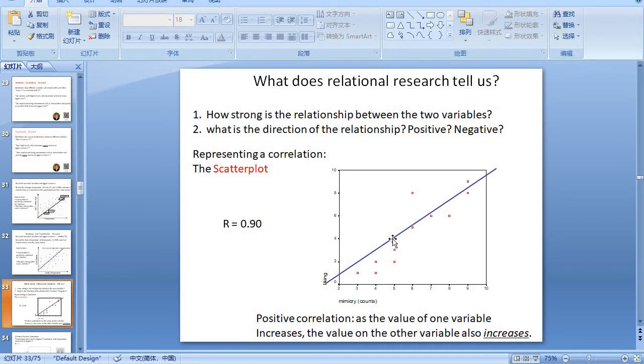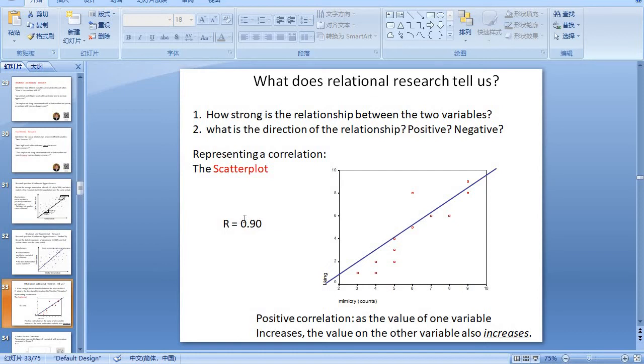Another way to represent correlation is to use a number, the correlation coefficient, the Pearson correlation coefficient. You see in this graph, I have a correlation coefficient that equals 0.90. That is a pretty strong correlation.